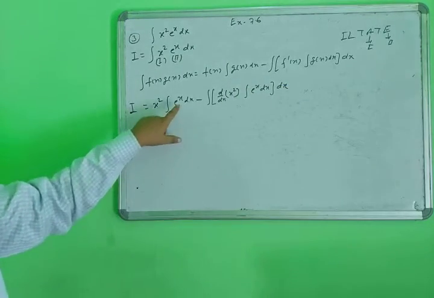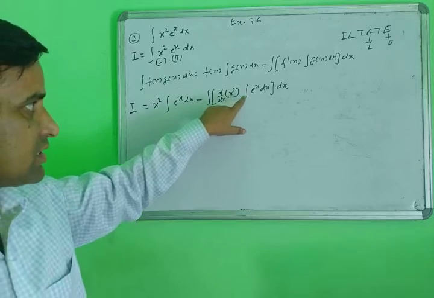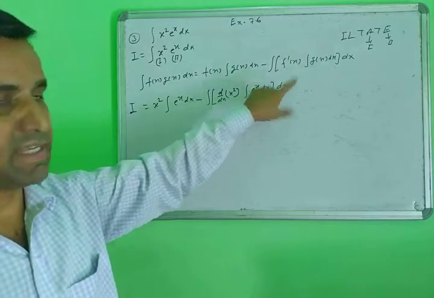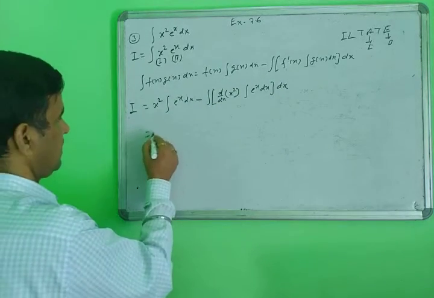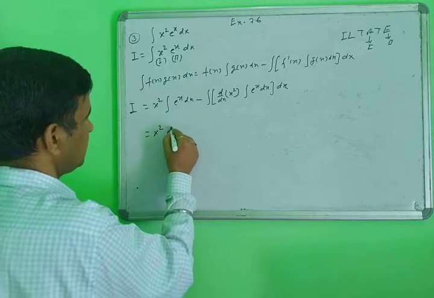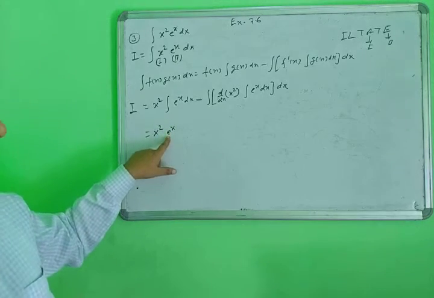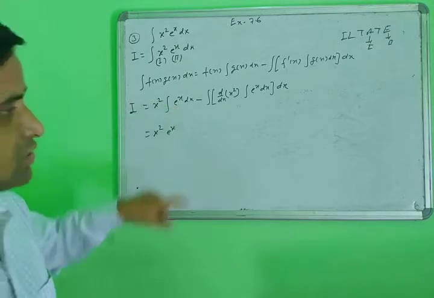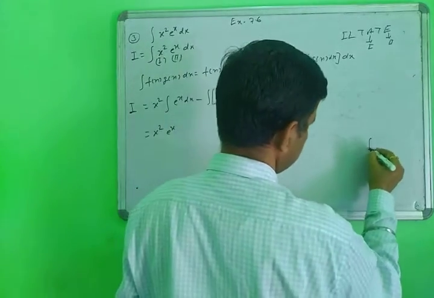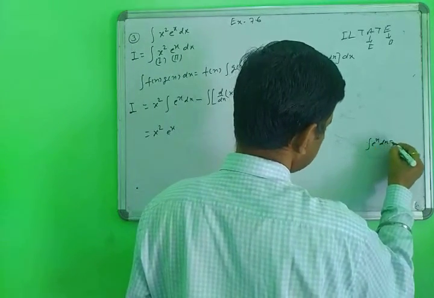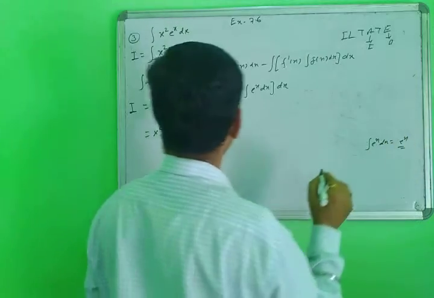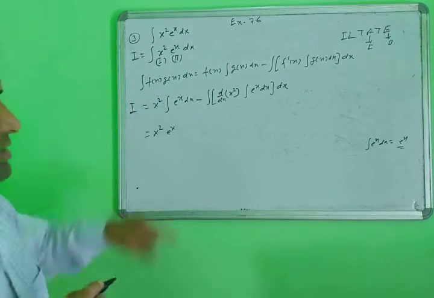First function times integration of second, minus differentiation of first function times integration of second. The integration of e exponent x equals e exponent x. This is the property of integration.